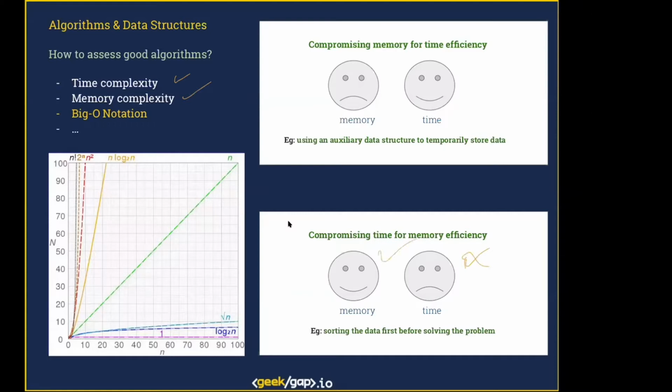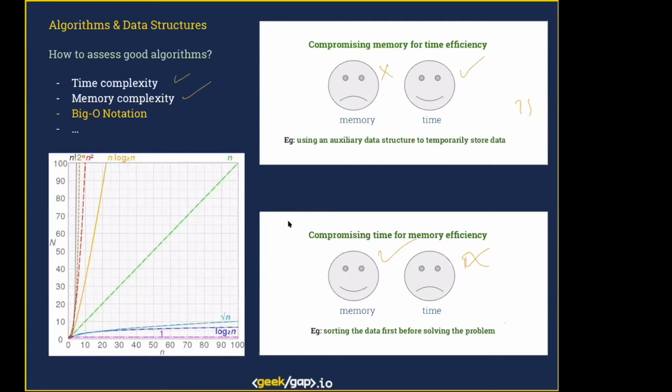If it's the other way around, you will prefer to sacrifice memory versus time. And a typical example for each of these cases is, for example, for this scenario here, sometimes it's better to use an auxiliary data structure to temporarily store the data in order to solve the problem. You will use an auxiliary data structure, and that auxiliary data structure will take additional memory.